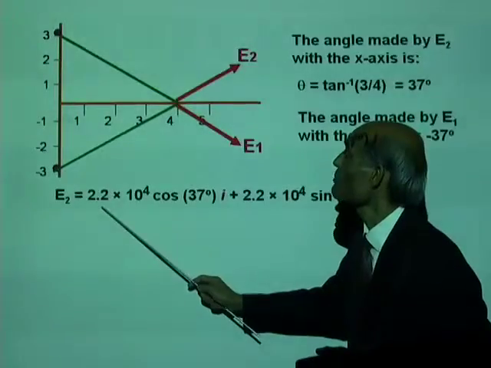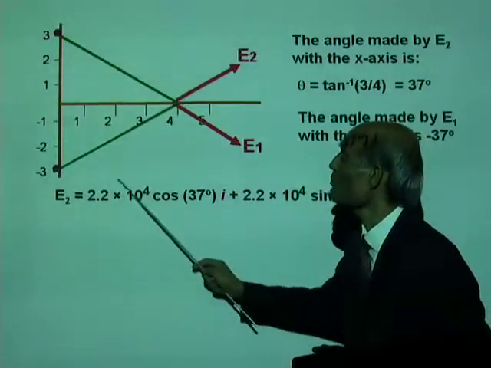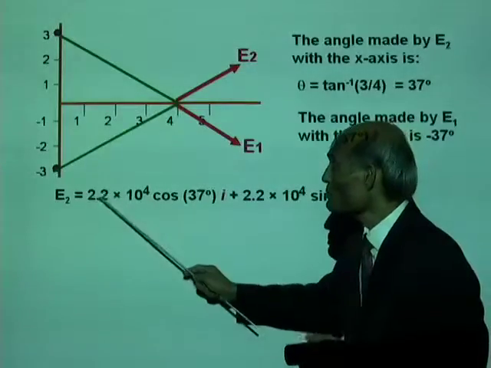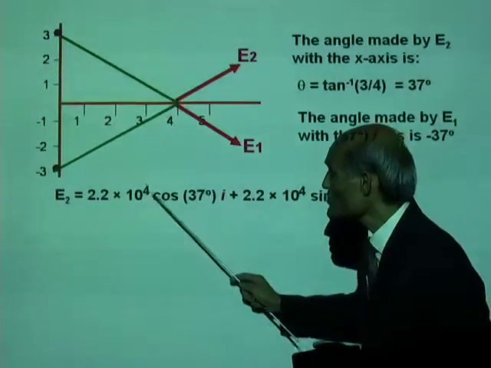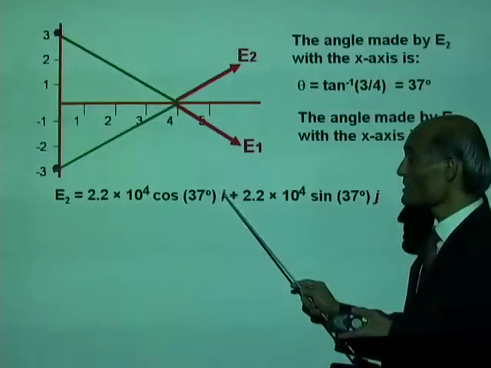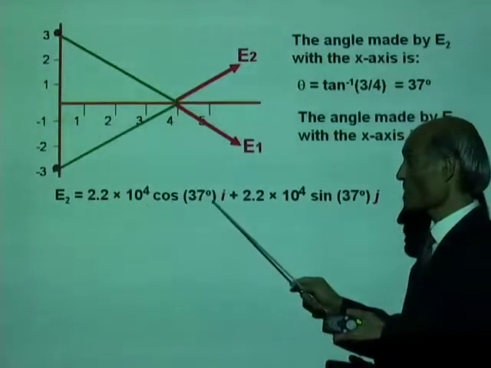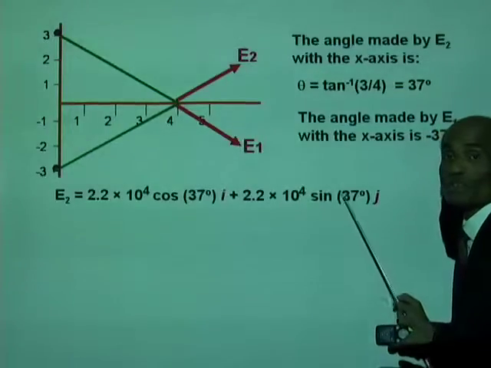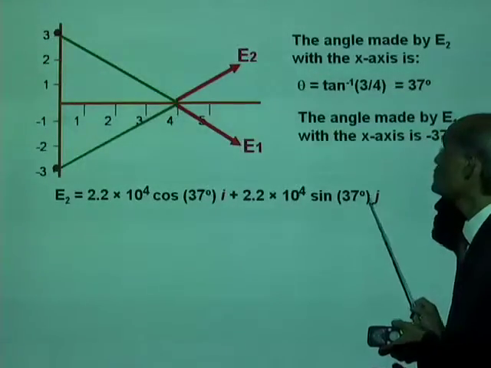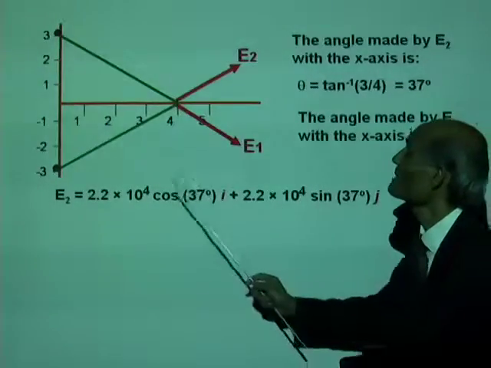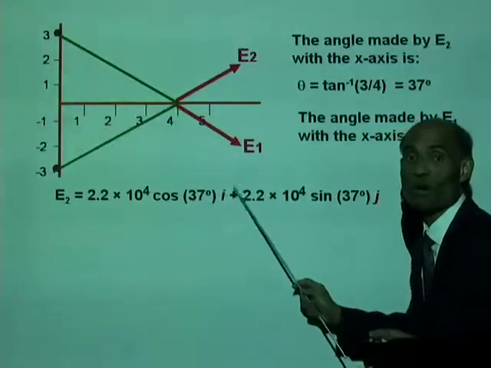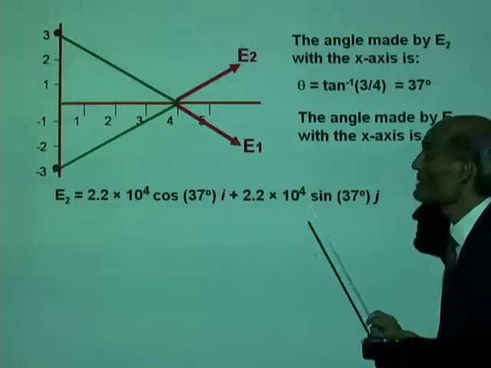E2 is 2.2 times 10 to the 4, that is the magnitude of it we calculated earlier, 2.2 times 10 to the 4 cos 37 degrees i, that is the x component, plus 2.2 times 10 to the 4 sine 37 degrees j, that is the y component. So E2 has this x component and this y component.